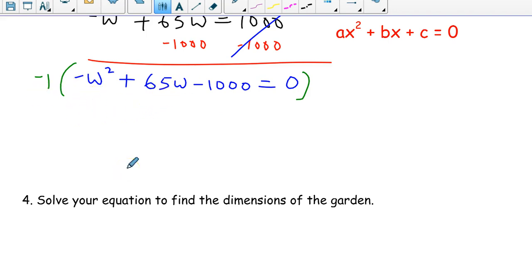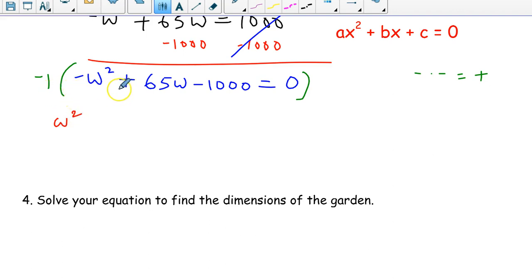So what do you have now? It is -1 times negative W square. Negative times negative becomes positive. We know that negative times negative is positive. So 1 times W square is W square.